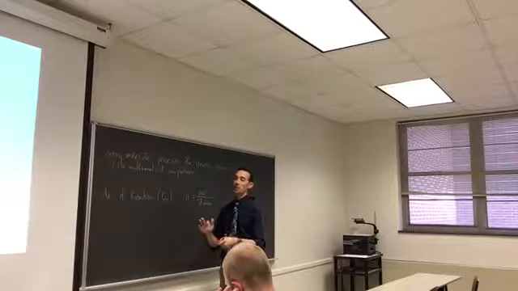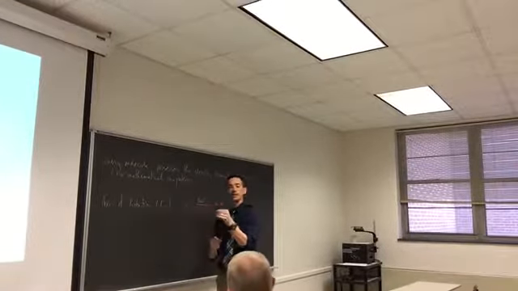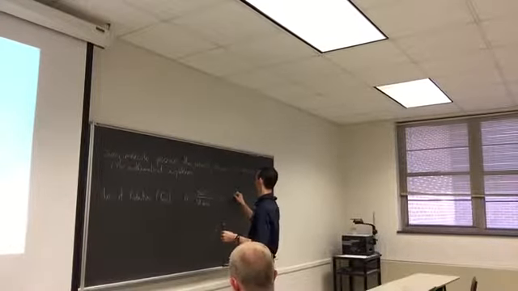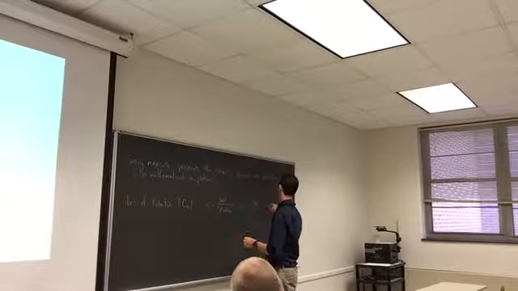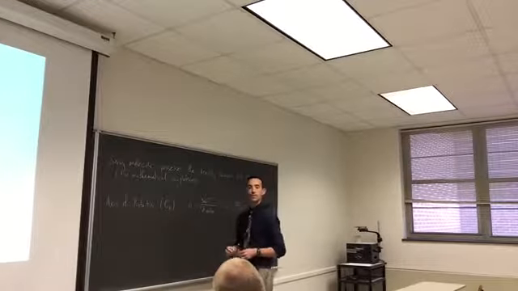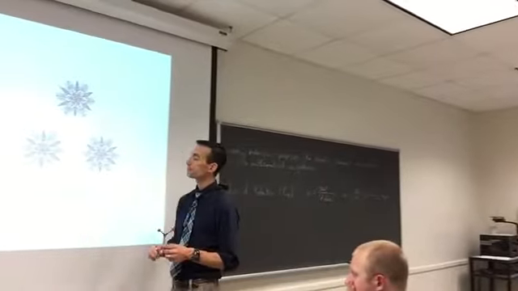So in the case of that snowflake, or in the case of this molecule that I had earlier, I rotated it 180 degrees, right? So 360 divided by 180 degrees is 2. So that implies a C2 axis. Okay? A C2 axis.